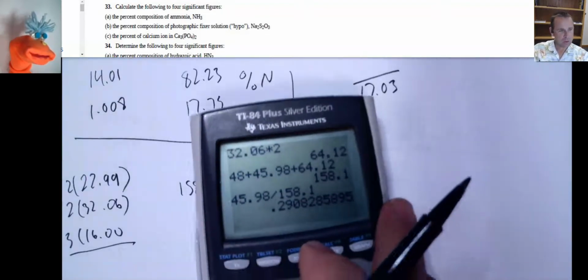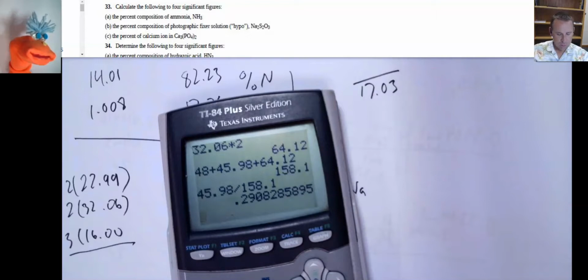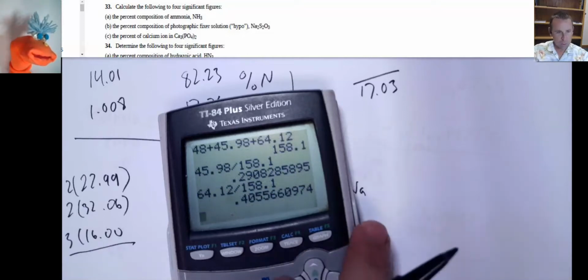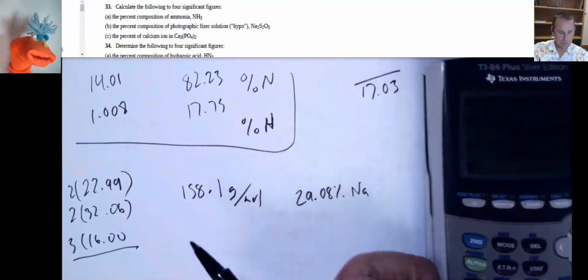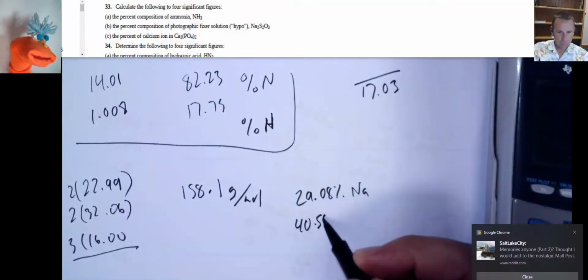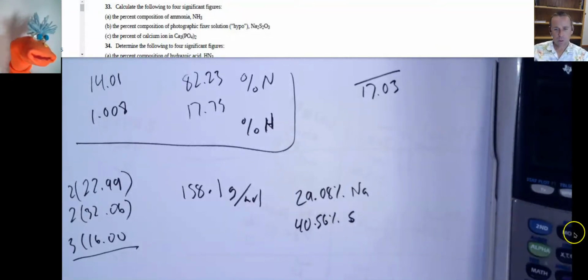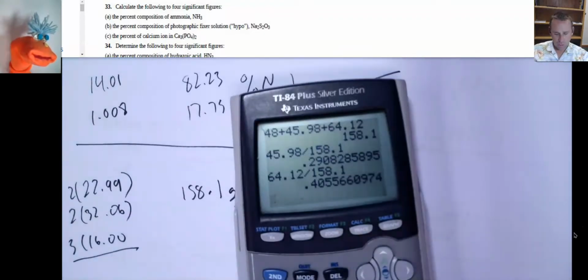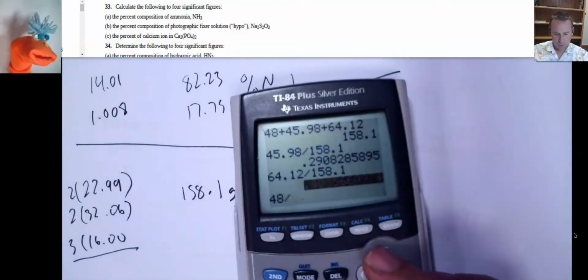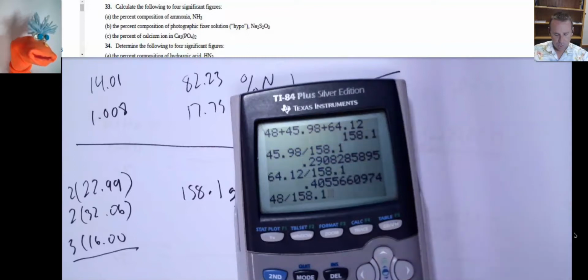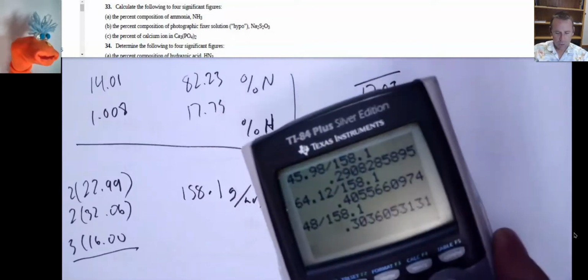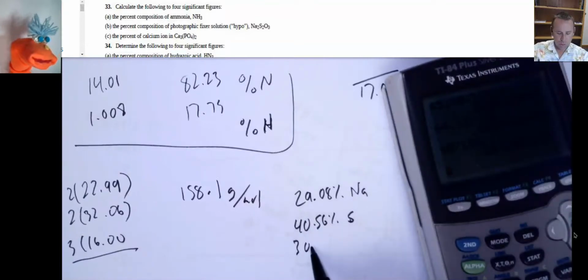The sulfur, that divided by the total. There we go, 40.56. Okay, and then 48 divided by the total here, 30.36% oxygen.